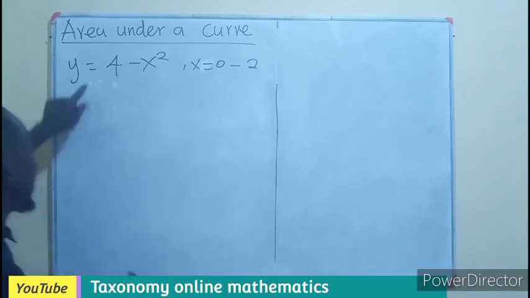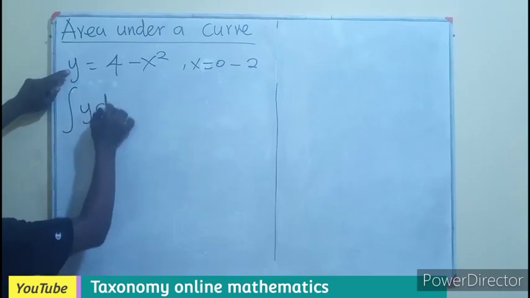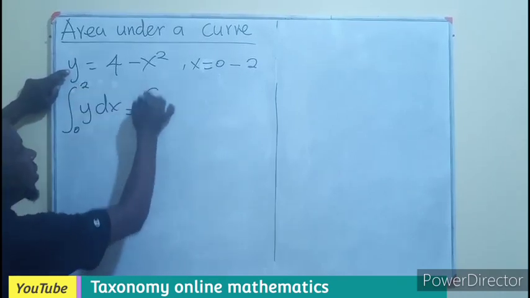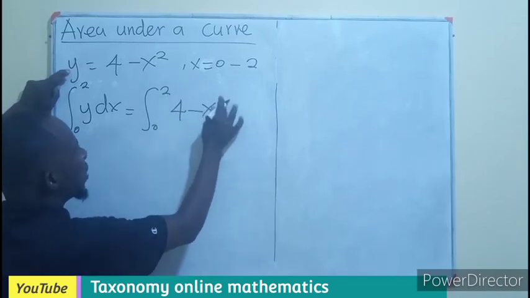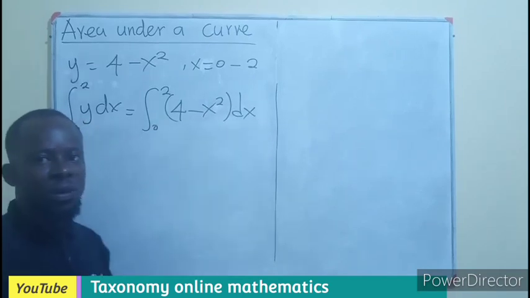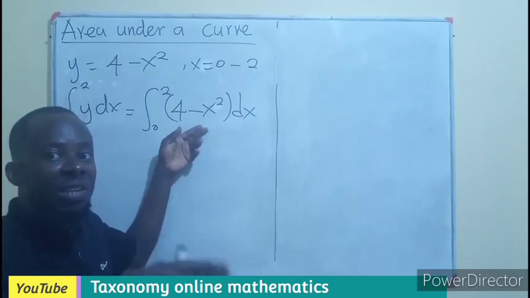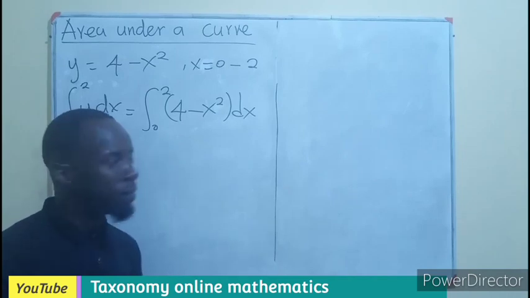You are aware that this is going to be the integral of y dx from 0 to 2, which is the integral from 0 to 2 of 4 minus x squared dx. So right here you know that definitely we are going to perform the definite integral. Whatever answer we get becomes our solution.